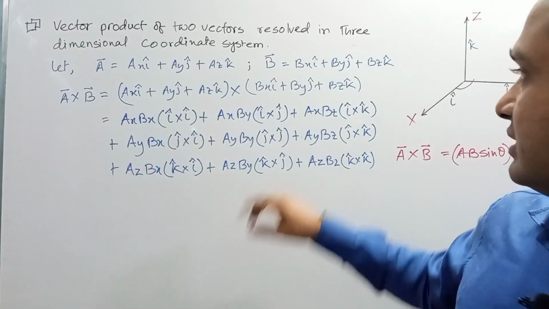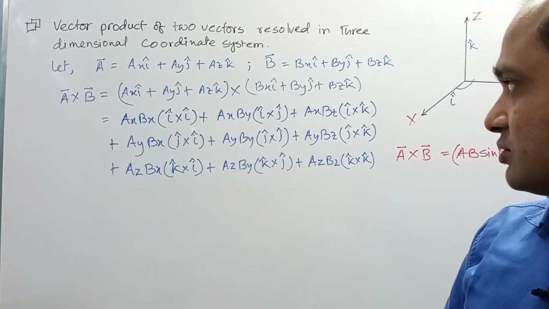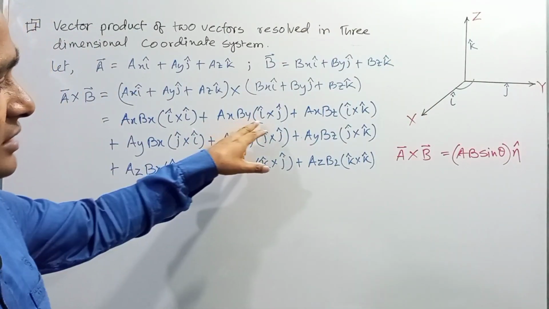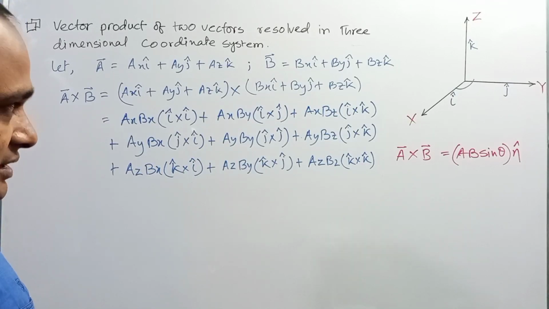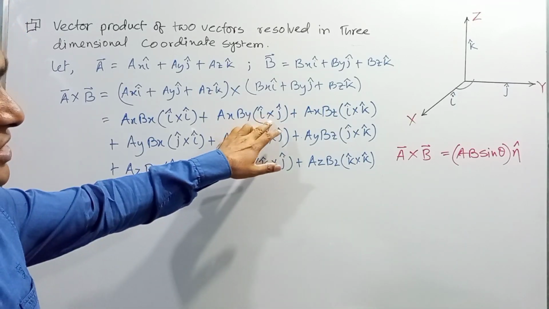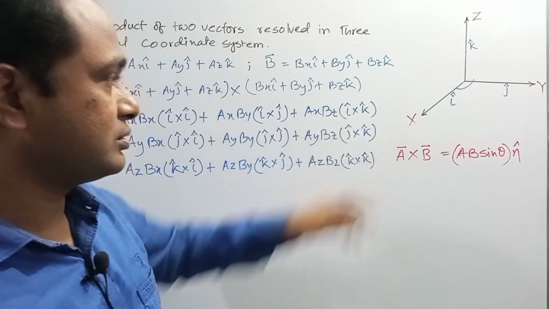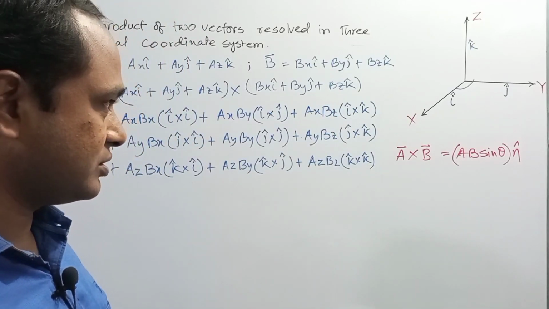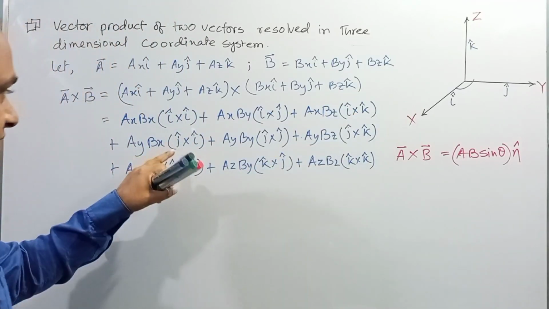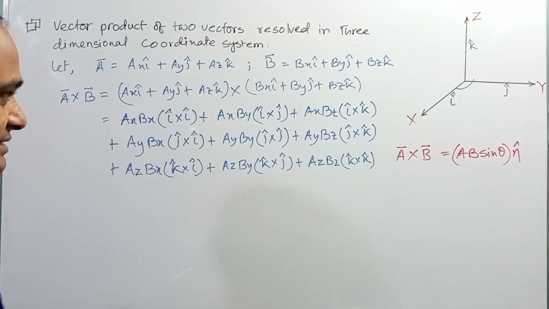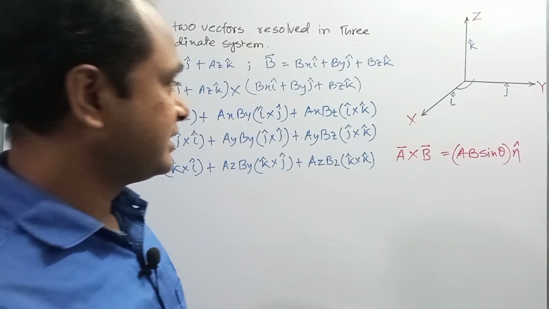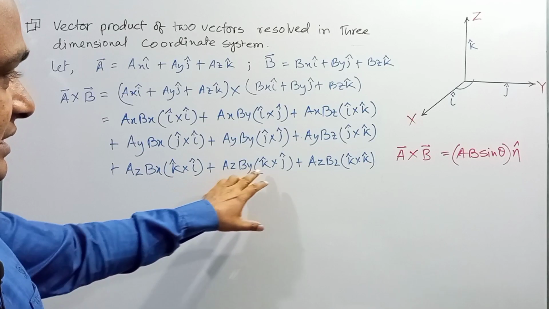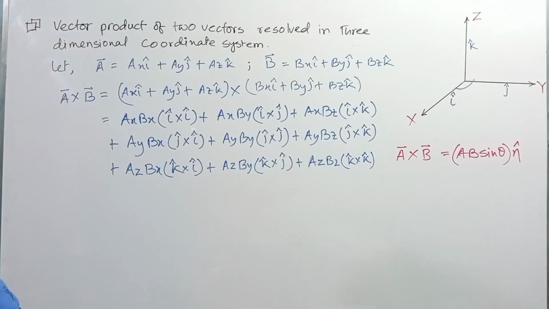Here i cross j, the order is in the clockwise direction, so it will give positive k. i cross k gives the reverse or anti-clockwise direction, so it will give minus j. j cross i will give minus k, j cross j will be 0, j cross k will give i, k cross i will give j, k cross j will give minus i, right?